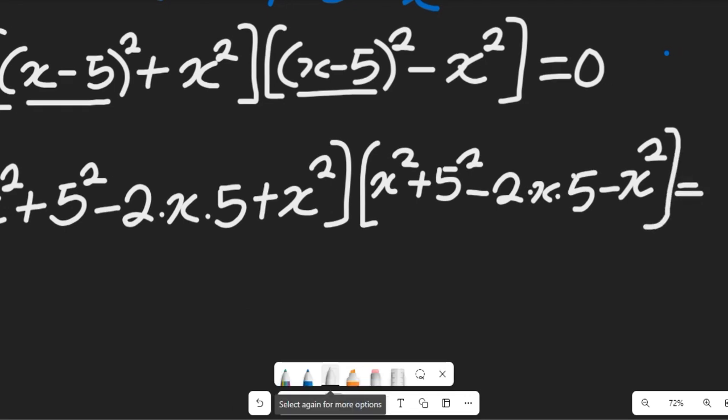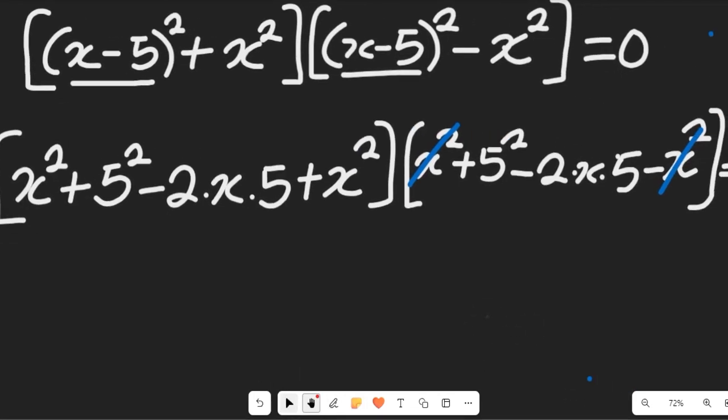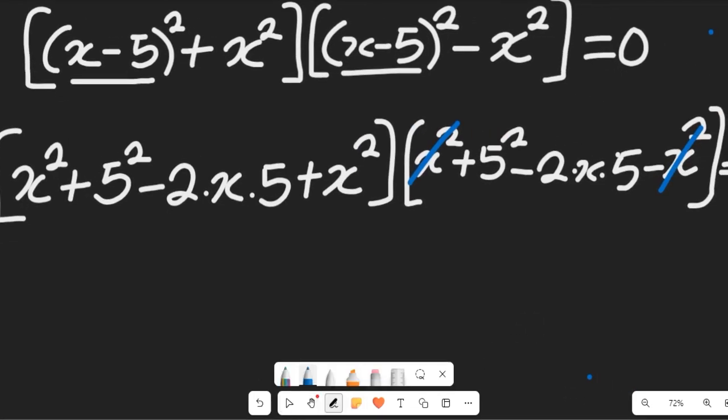And all these will be equal to 0. Great. Now from this point, you're going to see that this will simply cancel out this, right? So open up that, and from this expression, we can simplify to give us x squared plus x squared, which is 2x squared, right?